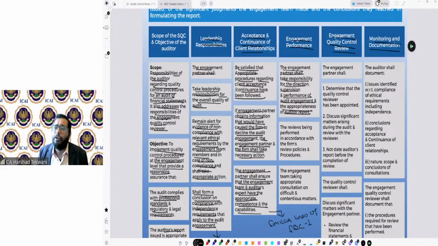If I ask you, how will you supervise the audit engagement? Let's say you are the engagement partner and I ask you, please supervise the audit engagement. What will you do to supervise?